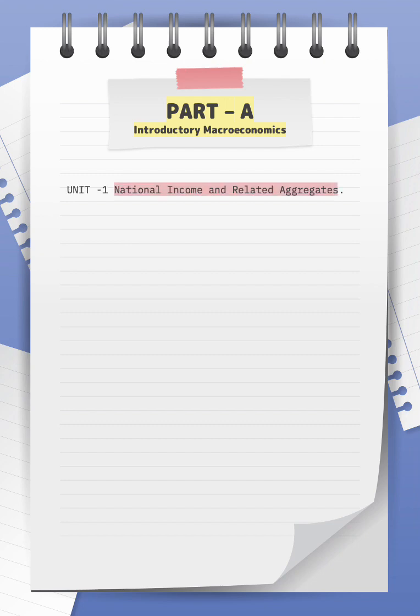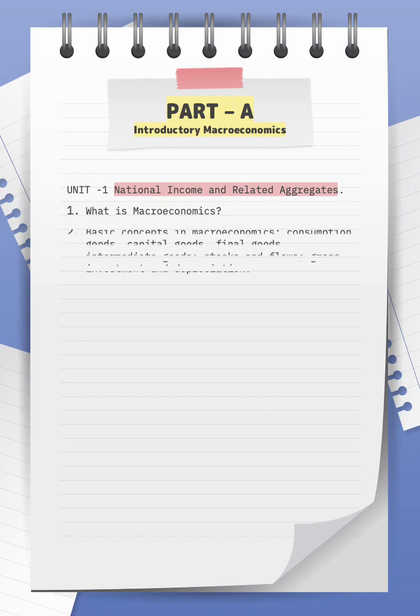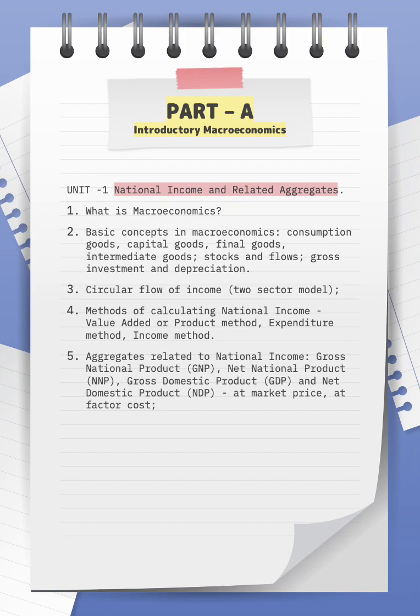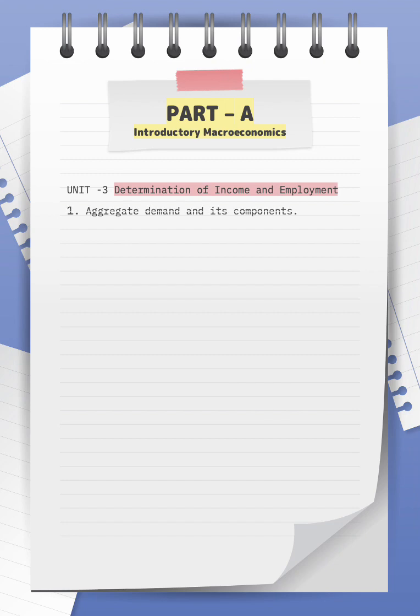Now I'll show you the list of topics that you must do before you go for your final exams. These are as per the CBSE guidelines, the CBSE curriculum for this session, and make sure that they are on your checklist and you do not leave any topic. From unit 1 we have these following topics. Make sure you go through them thoroughly. Unit number 3, we have determination of income and employment.